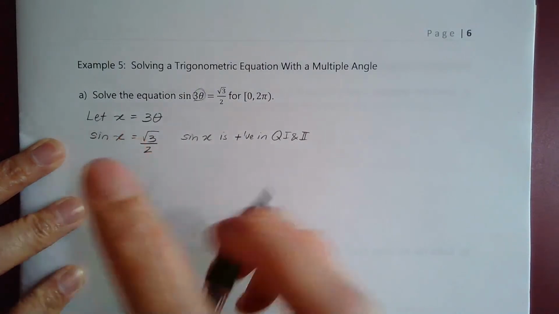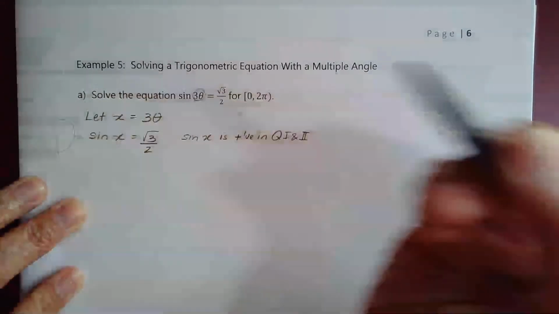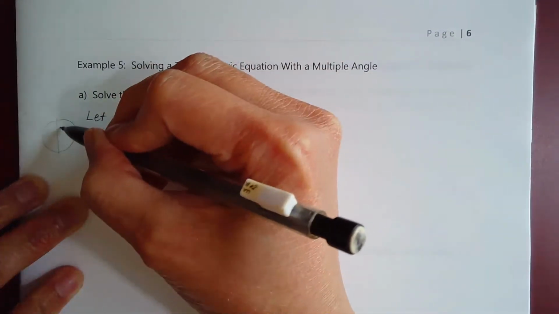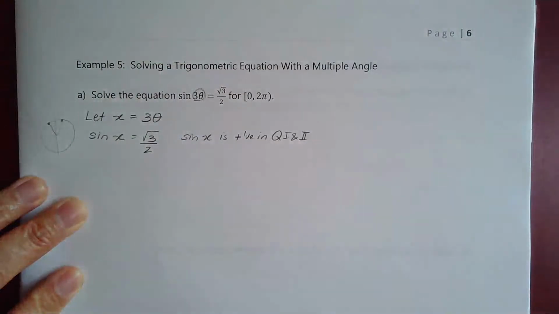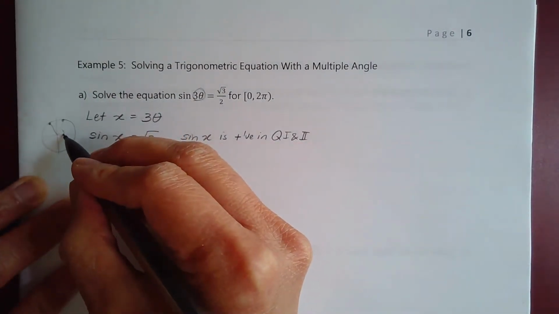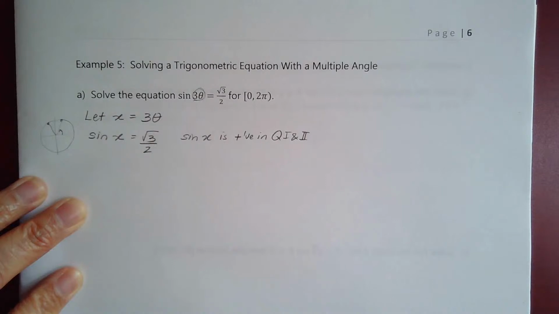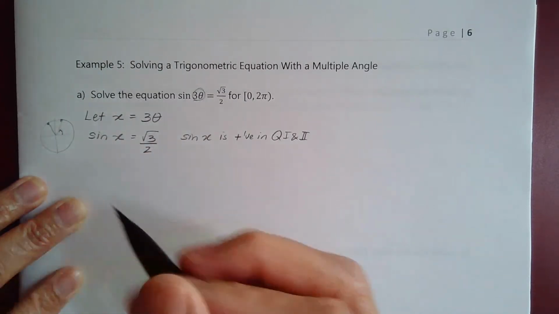It's a special angle, so sine of root 3 over 2 is going to be right there. It's going to be at pi by 3 in quadrant 1, and in quadrant 2 it's going to be 2 pi by 3.